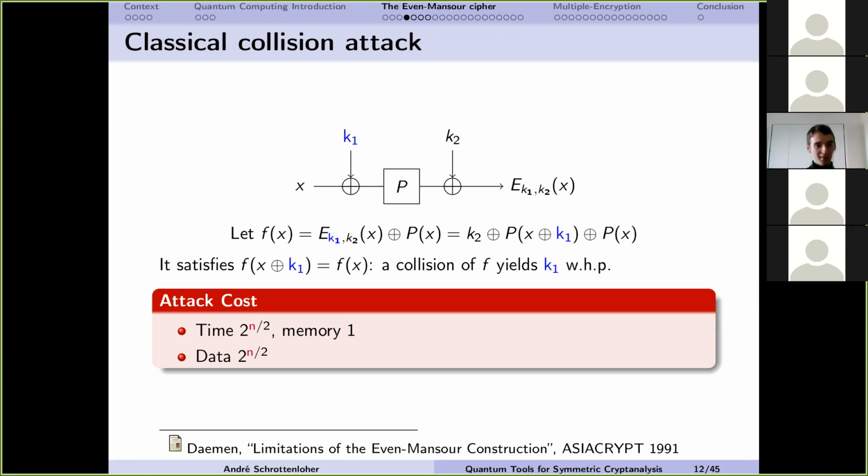So we're still focusing on this key K1. We don't care about K2 anymore. Focusing on K1, we simply have to find a collision of this function, cipher XOR permutation, and it's going to yield K1 with high probability. So there is an attack in time 2 to the n/2, because it's a function on n bits, and in data 2 to the n/2, because each time we make a query to the function, we need to make a query to the cipher.